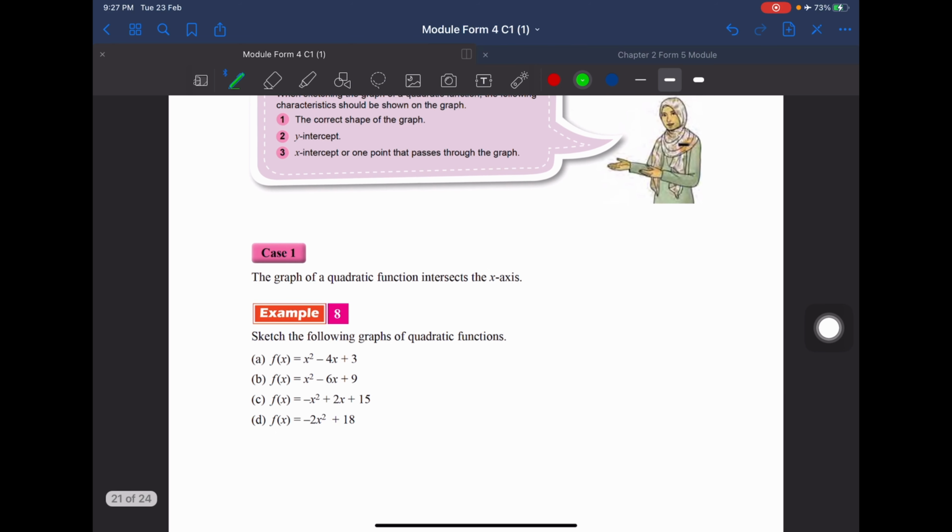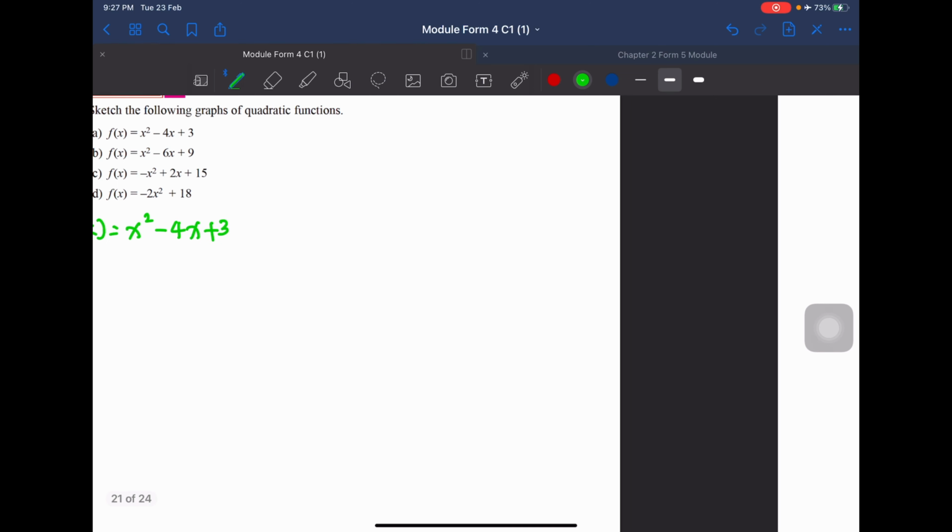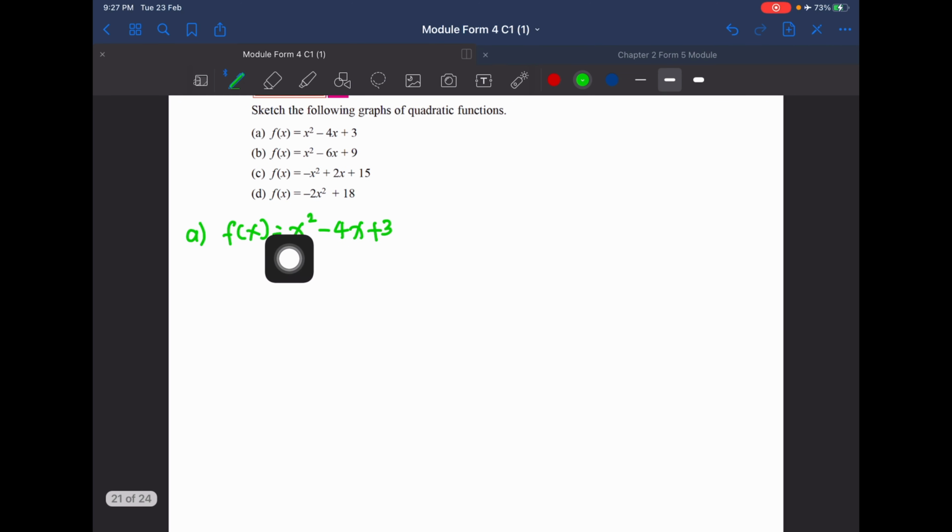Okay, the first one, A. So from the question, we have the function f(x) equals to x squared minus 4x plus 3. Okay, so over here, tengok dia punya value of A. Value of A is actually what? Coefficient of x square. So di sini kita tulis, value of A is equals to 1.